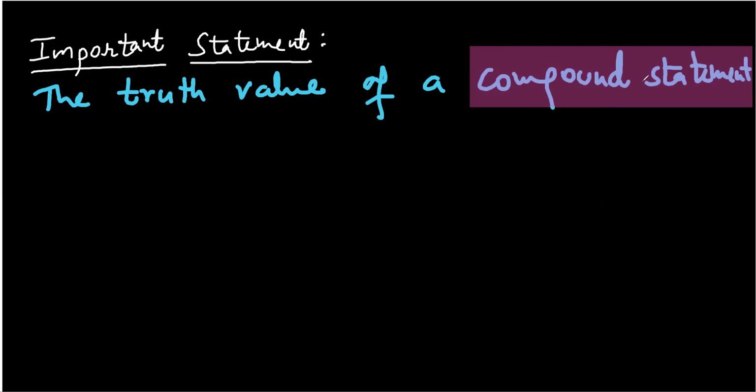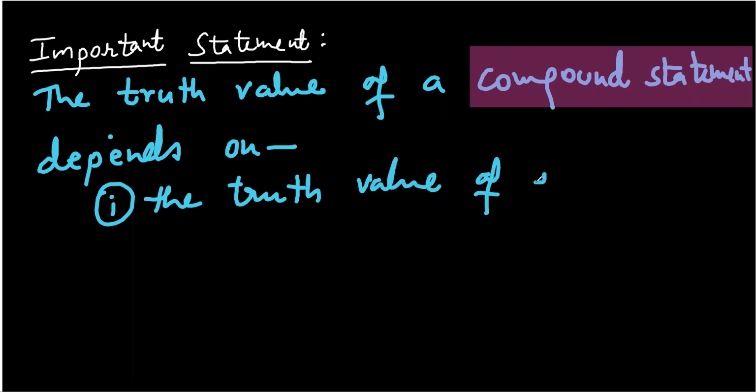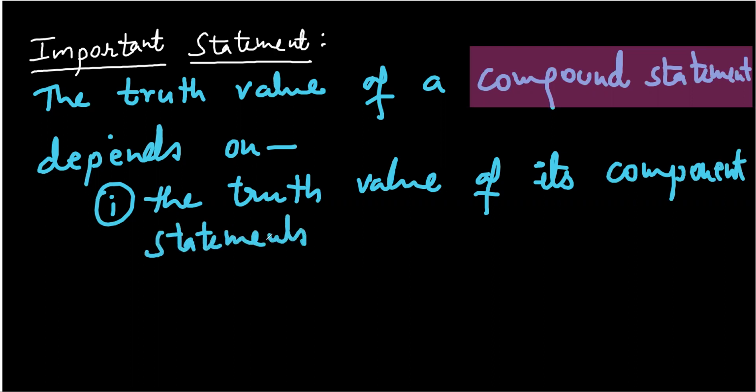The truth value of a compound statement depends on two things. Number one, the truth value of its component statements.